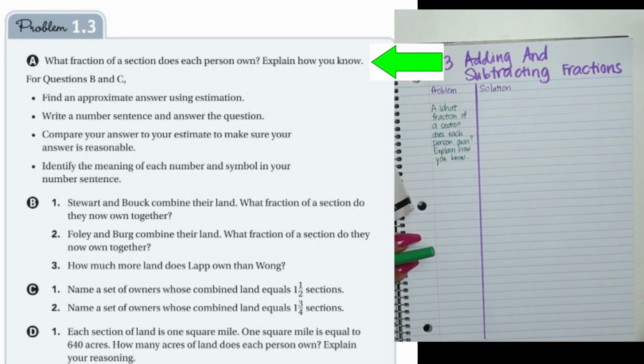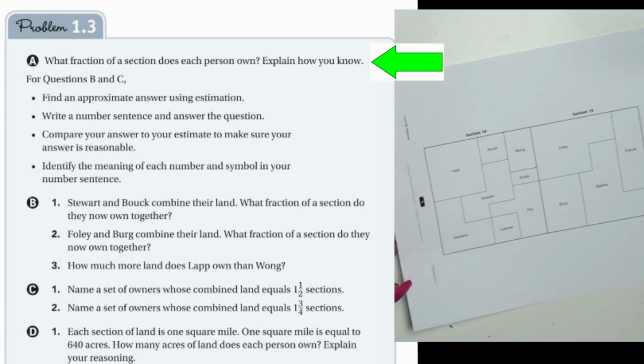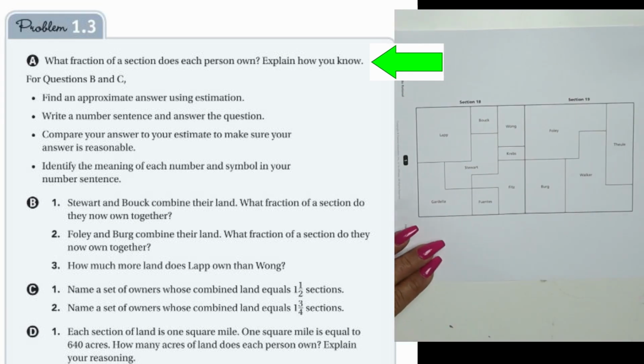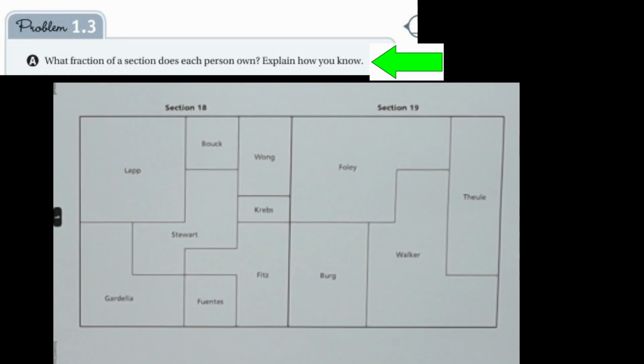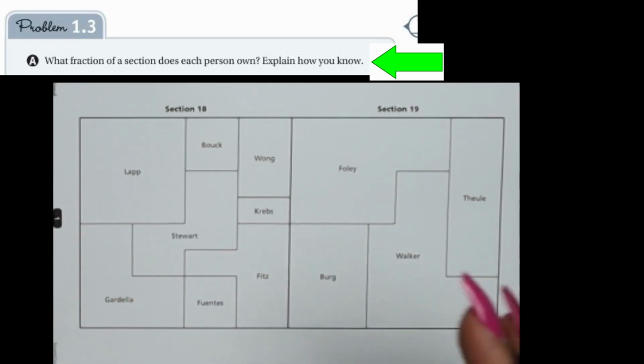Explain how you know. They're referring to this image. They want to know what fraction of the land does each person own. So I isolated problem A, and now we're just looking at the map. The question is, what fraction of a section does each person own? Explain how you know. This looks tricky, but it's actually quite simple.